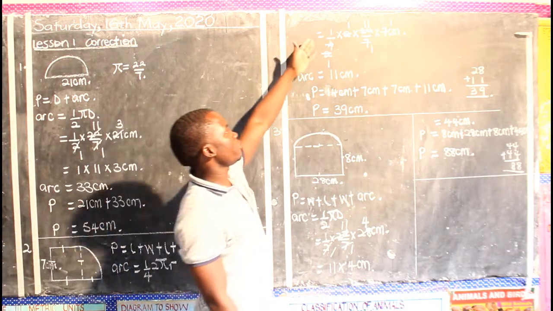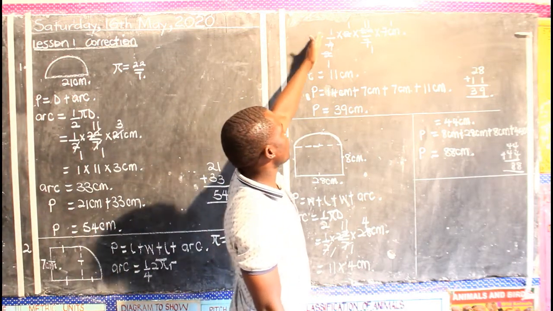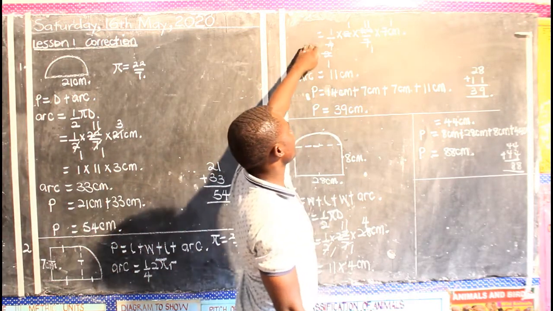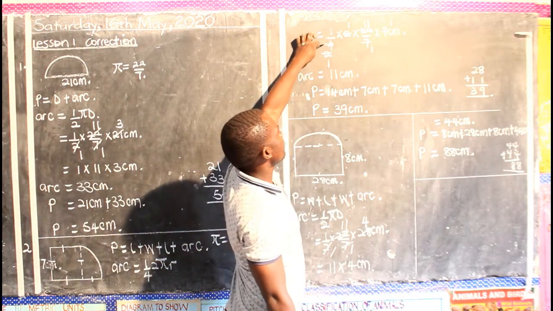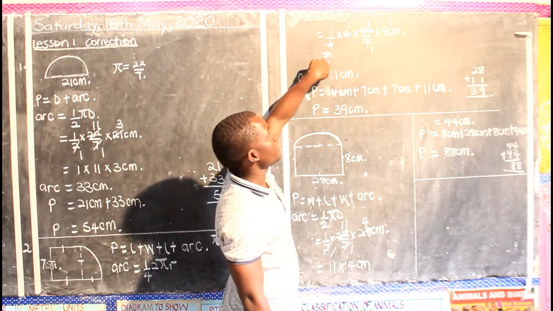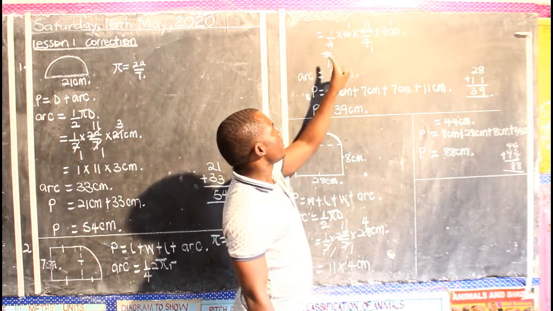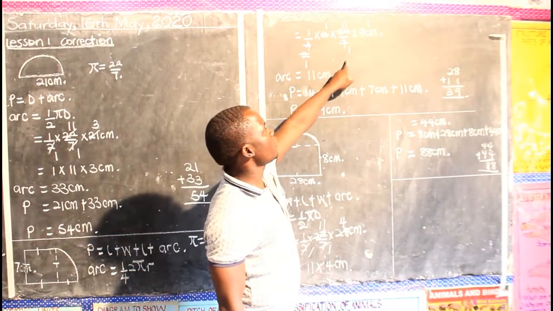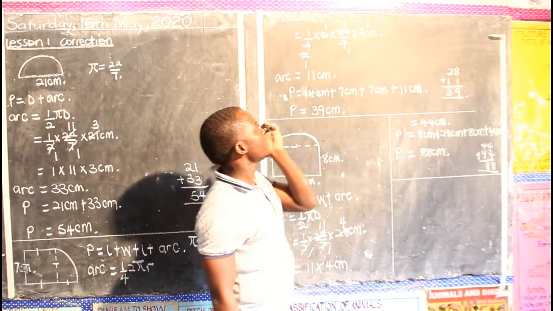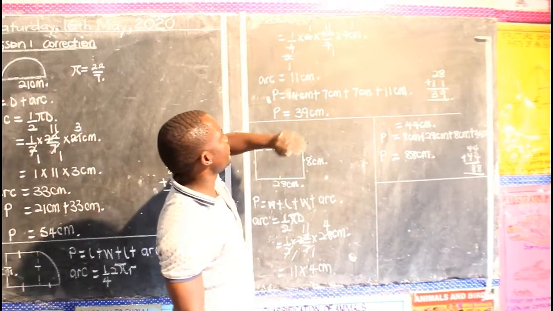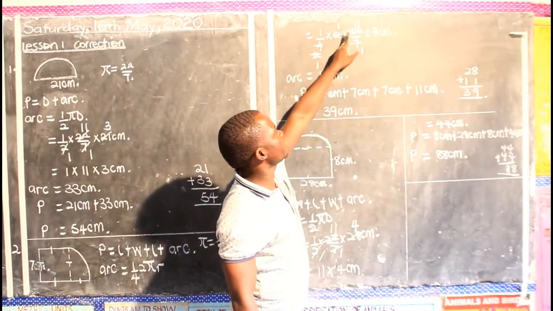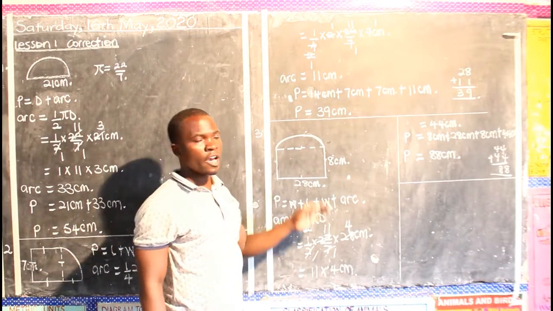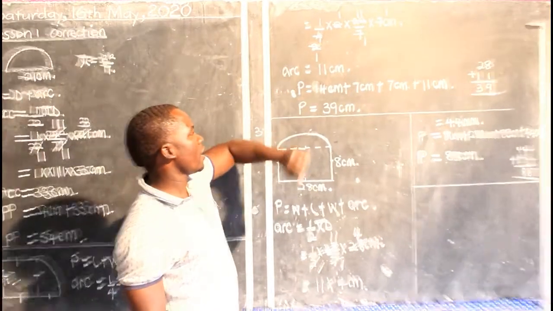We come here and make some substitutions. A quarter times 2 times 22 out of 7 times 7. We simplify. By 2, 1. By 2, 1. By 2, 11. By 7, once. By 7, once. Now, when we multiply the remaining, 1 times 1 times 11 times 1 centimeter, we shall get 11 centimeters as the arc.